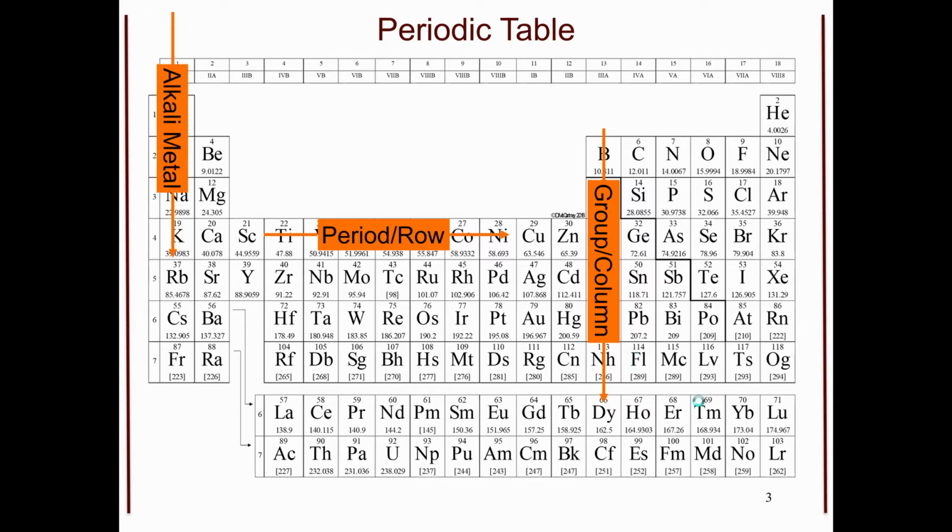The first group of note is the alkali metals. The alkali metals are in group 1. These are the atoms of lithium, sodium, potassium, rubidium, cesium, and francium, and these are very highly reactive metals that you will see form many salts that we are going to deal with in our semester.